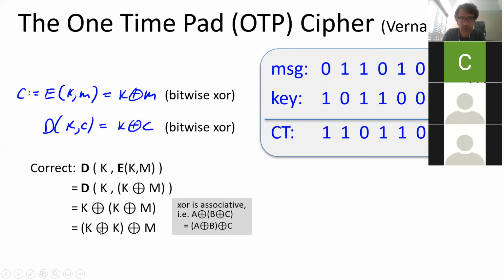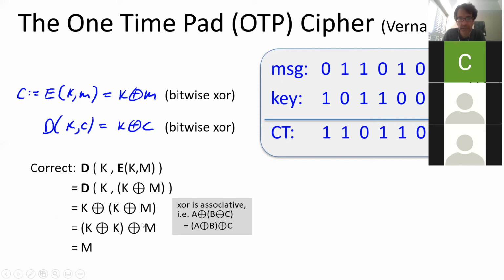So we can do this flip because of the associativity. And another thing about XOR is that if you XOR a string with itself, it's a 0. If you look at the XOR table, XORing a bit with itself always gives you a 0. So this is a 0.